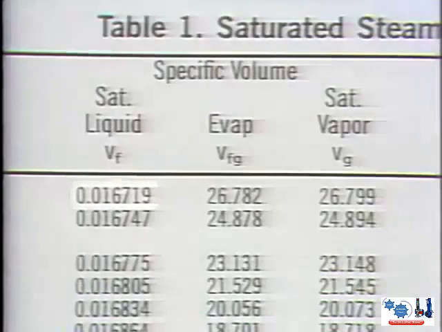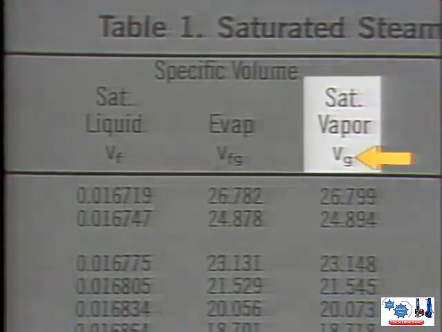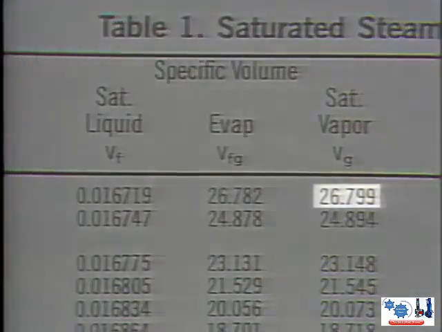We'll skip the second column under specific volume for now and look at the third column. This column is headed Saturated Vapor and symbolized by a v and the subscript g, meaning gas. The value in this column is the specific volume of saturated steam at our given temperature and pressure. It's 26.799 cubic feet per pound.